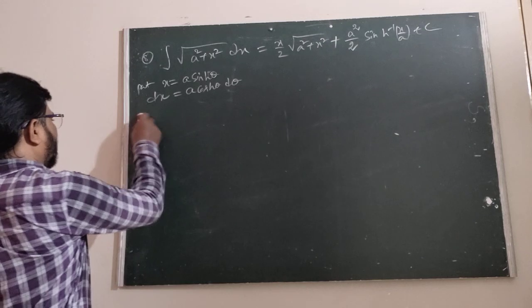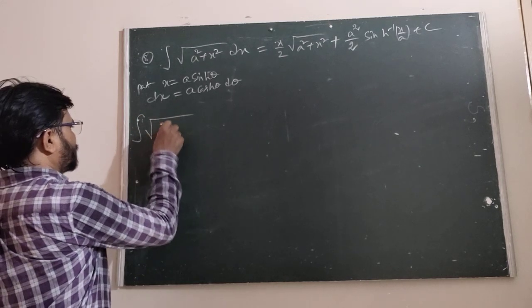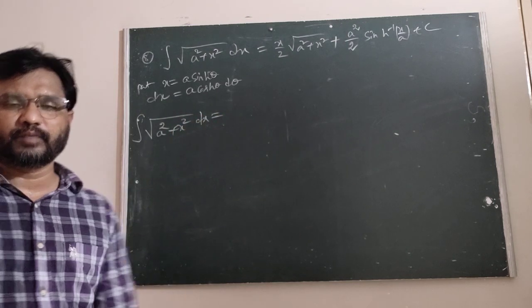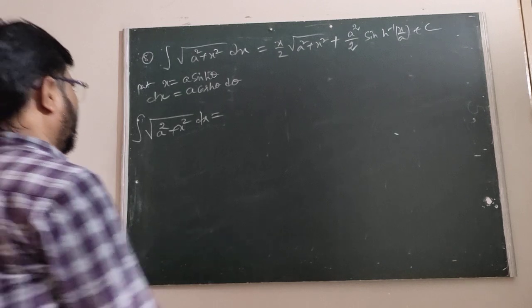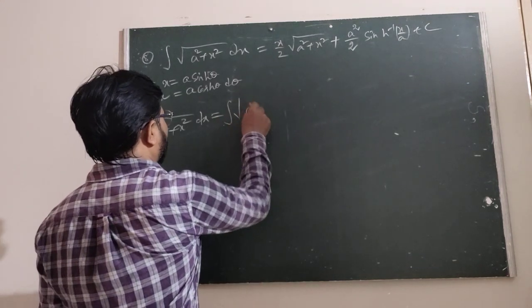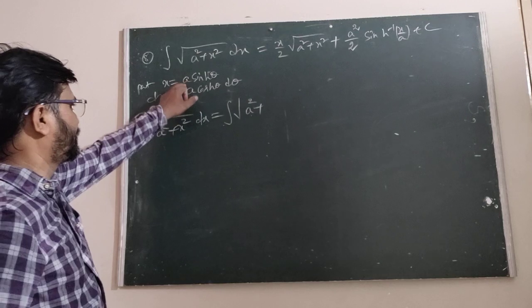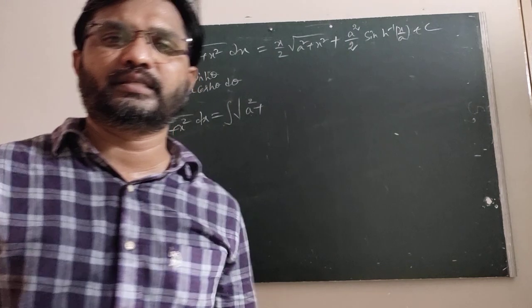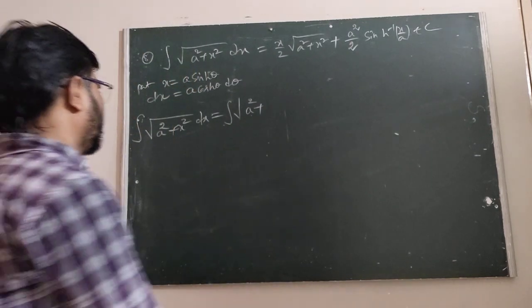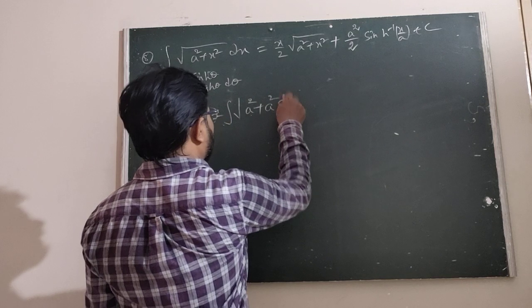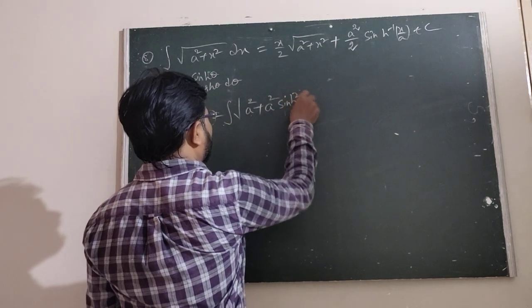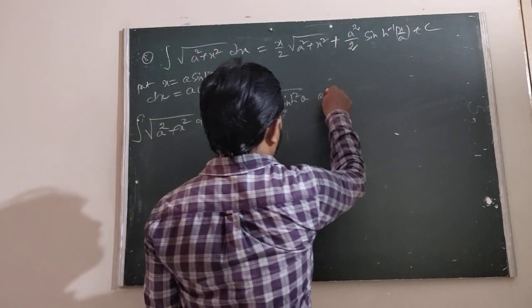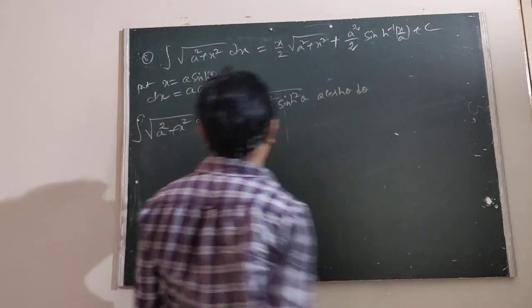Now we take the integral of under root a square plus x square into dx. Taking x equal to a sinh theta, x square is a square sinh square theta, and dx is a cosh theta d theta.